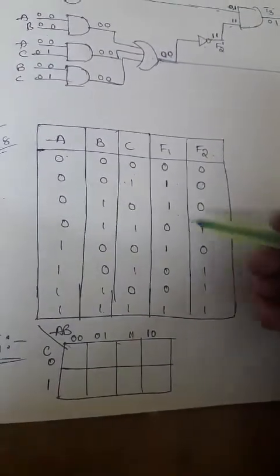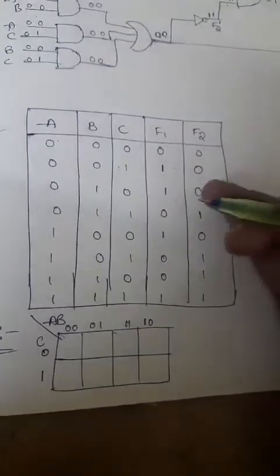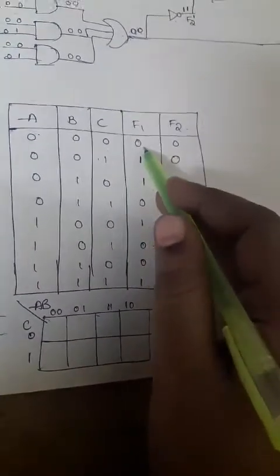So this is 0, 1 possibility and 0, 0, 0, 1, 1, 1, 1, 0. Okay, so at whichever column we have 1, that is represented in the K-map, right? The reason I am considering 1 here is that generally the K-map is represented in SOP form. If you want to represent POS form, you can consider the zeros in the K-map.